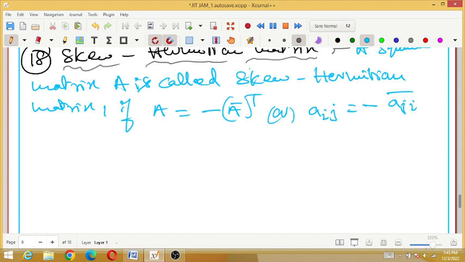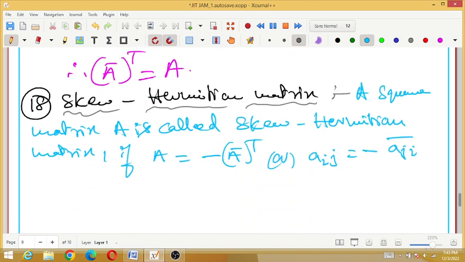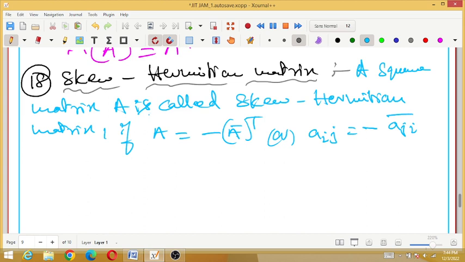Okay, just minus. If A conjugate whole transpose is equal to minus A, then you say that it is a skew Hermitian matrix.